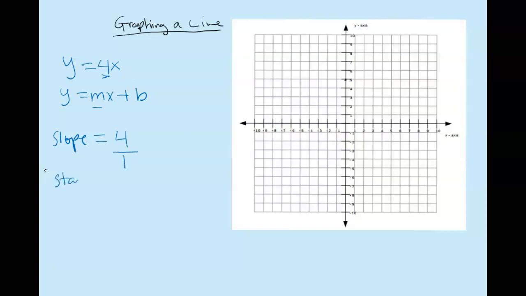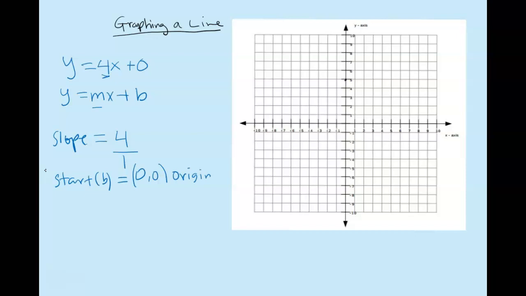Our start point, which is supposed to be the b, there is no number here, so we assume it is 0. Can put 0 over there, so it's going to be 0, 0. So we start at 0, 0, which is the origin. It's starting from the origin.